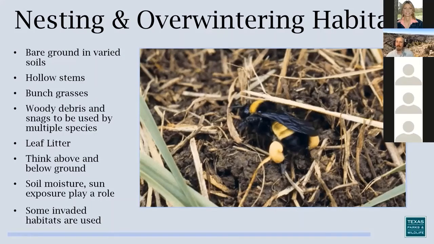So you have to look at that give and take, of what are the pros and cons of removing an invasive species when you're evaluating what you're going to do and how you're going to strategize the management. So thinking about all those different things that they might utilize, and when you have that nesting habitat, if you have something that's highly invasive and creates monocultures, you've lost all of your ground nesting habitat, you've lost a lot of other habitats. So you need to think broadly about the habitat as a whole and how it's being utilized by those pollinators.